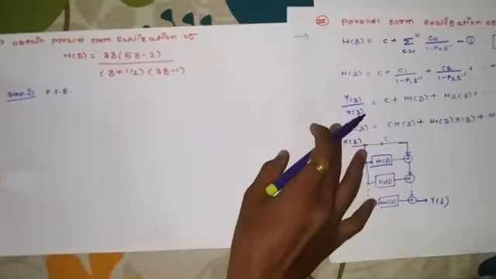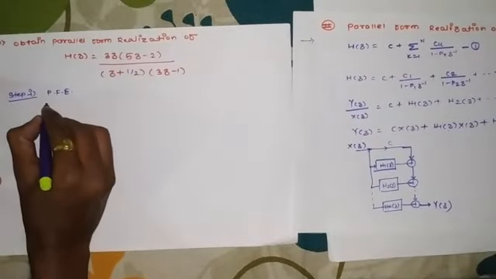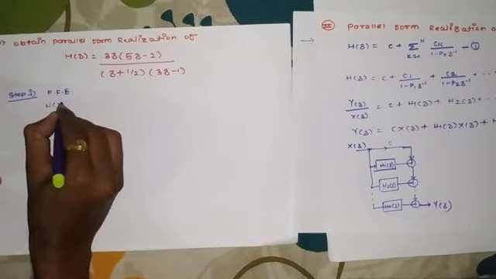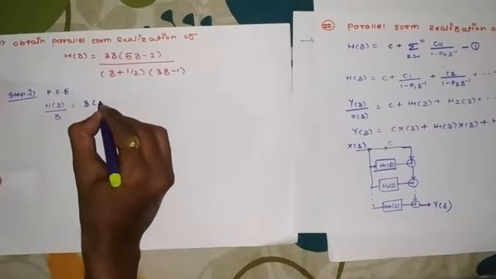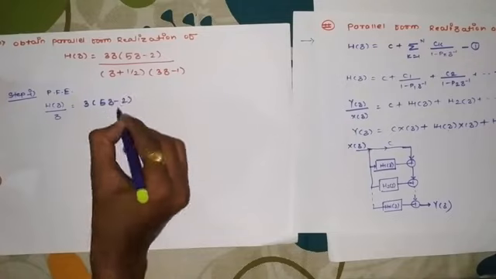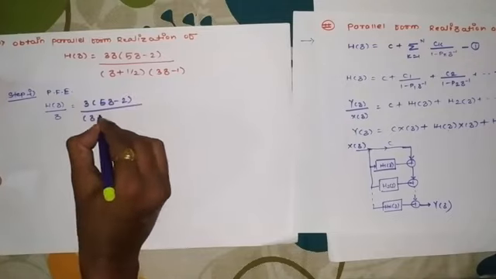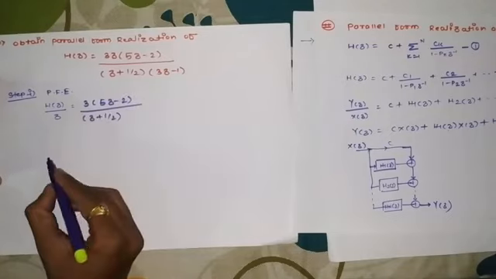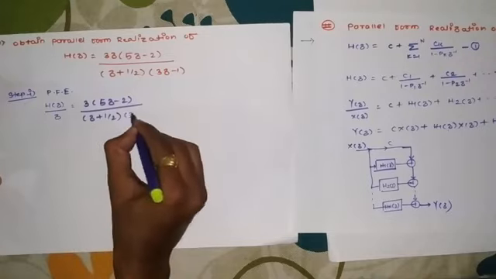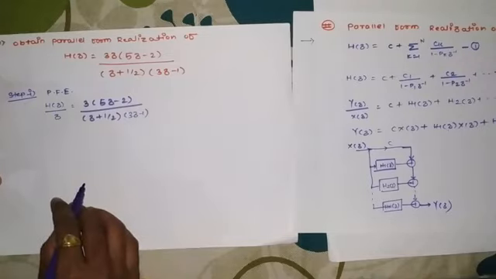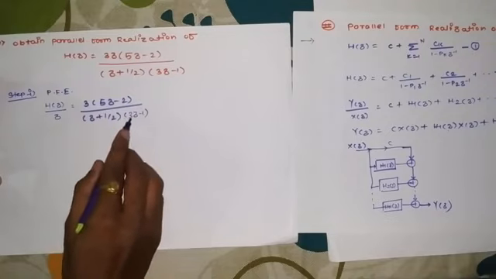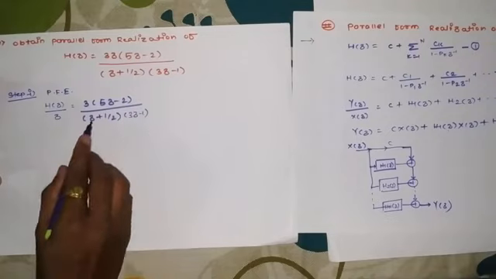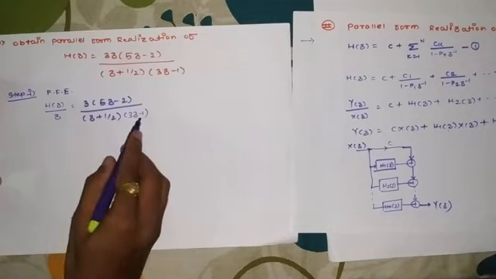So in order to achieve it, the first step I am writing here is H(z) by z is equal to 3 into (5z - 2) divided by (z + 1/2) into (3z - 1). Now in the next step I am taking 3 as common from this term so that we'll get the term as (z - 1/3) and this is (z + 1/2). This is required for partial fraction expansion.